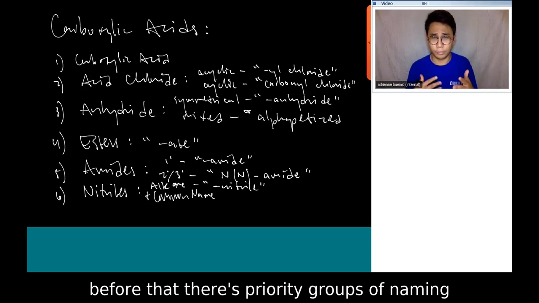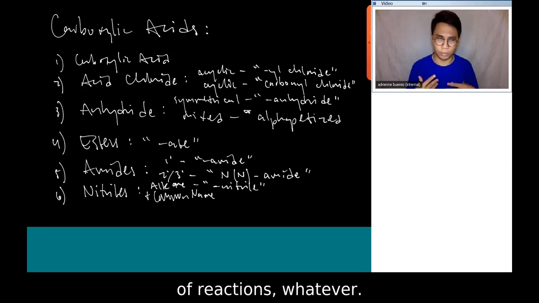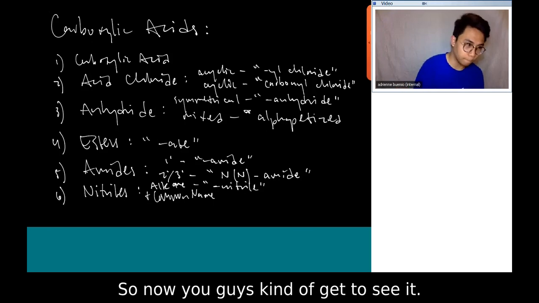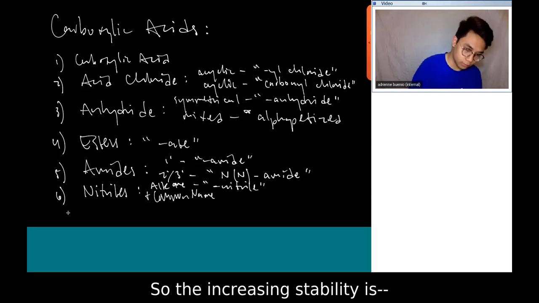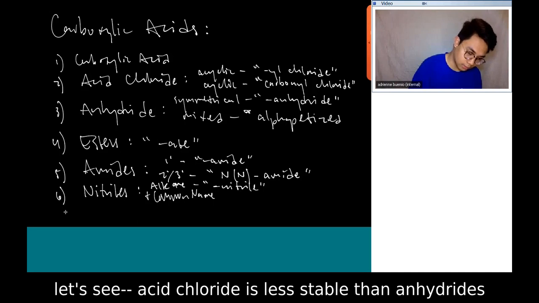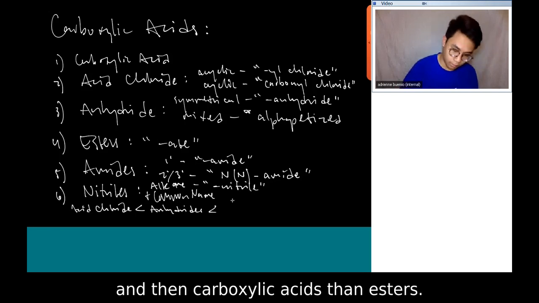So I mentioned a couple times before that there's priority groups, right? Of naming, of reactions, of whatever. So now you guys kind of get to see that. So the increasing stability is, let's see, acid chloride is less stable than anhydrides, and then carboxylic acids, then esters.